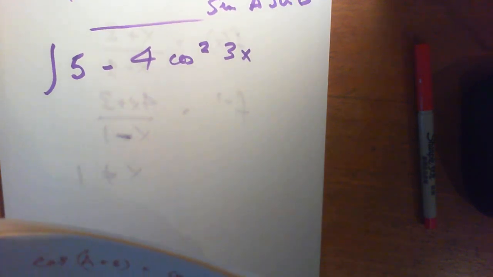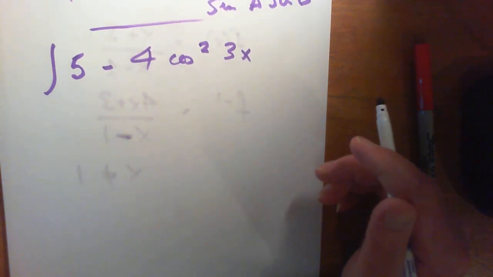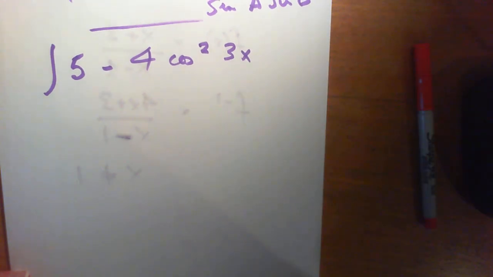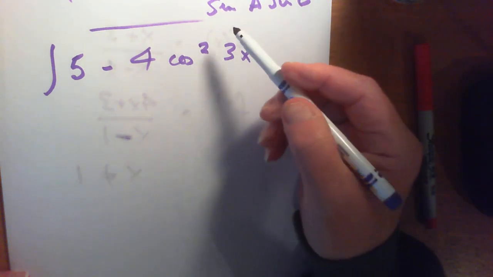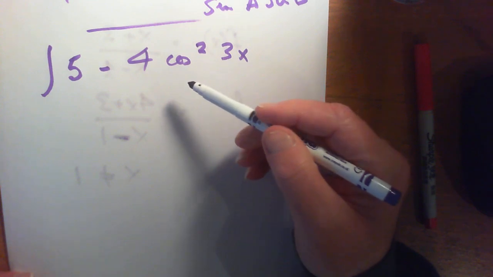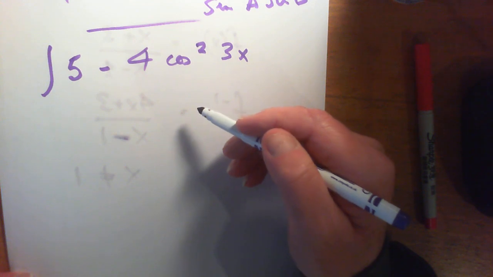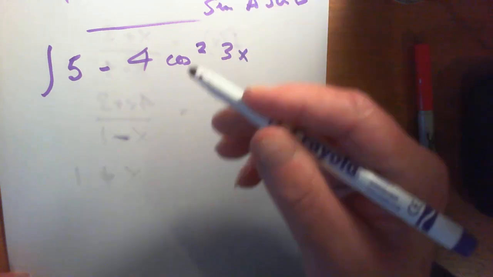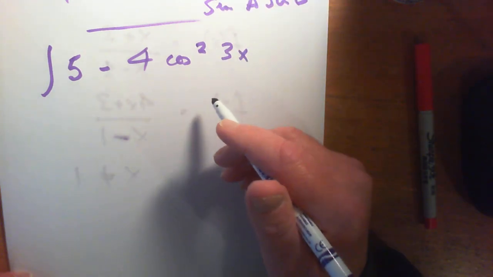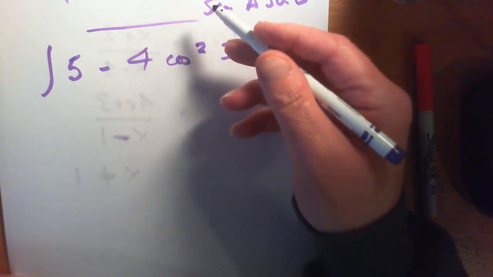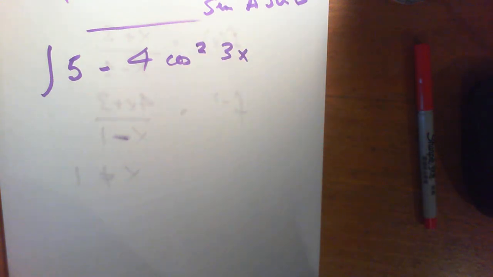Most people seem to do this okay, but the important thing to realise is that you can't just do that in the standard way, in the sense of the way you integrate x squared. You can't just raise the index by 1 and then divide through by 3. What you're going to have to use here is an identity.